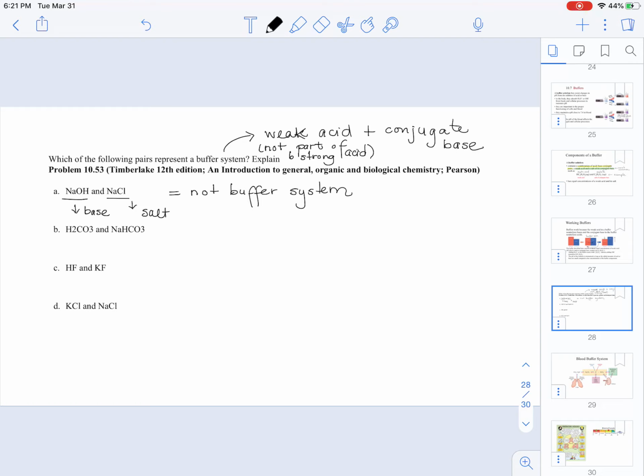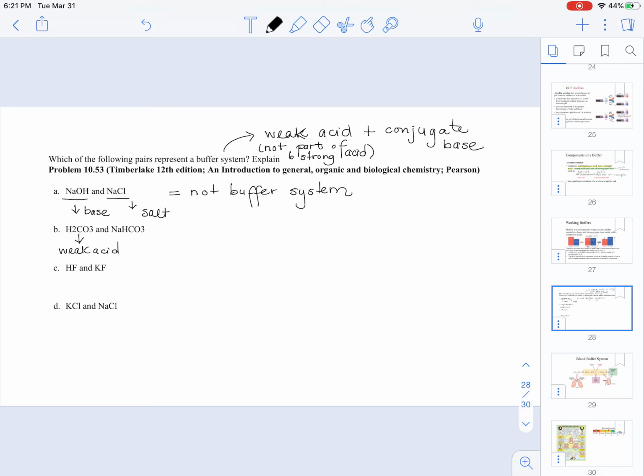If we look at the next example, we have H2CO3, and again, H2CO3 is not one of the 6 strong acids, so this is a weak acid.